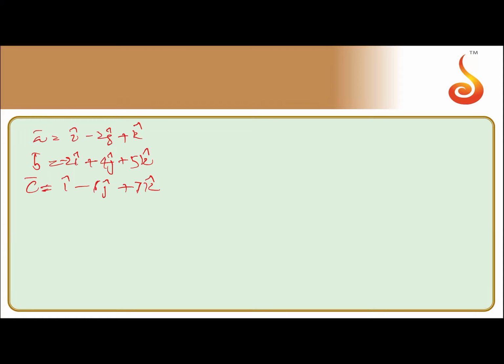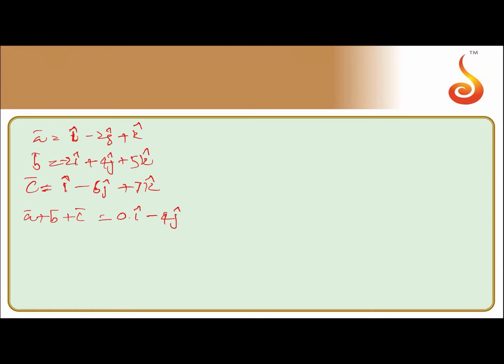So what is the vector we will actually be getting, a plus b plus c? Just add the components of i. This is 1 into i, plus 1 minus 2, so 0 multiplied by i cap. And for j it is minus 6 minus 2, minus 8, plus 4, so minus 4j.